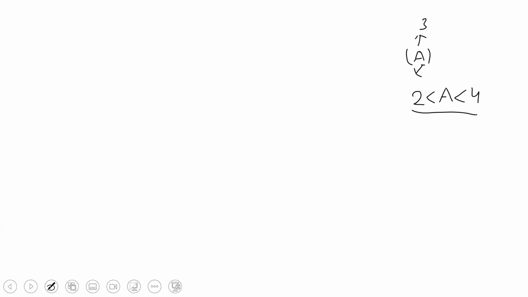Okay, if the lower bound and upper bound of an item set are equal, let's suppose when I'm deriving the lower and upper bounds of A, both became equal, then A is derivable. I can say A is derivable because we derived a single value for this item set.